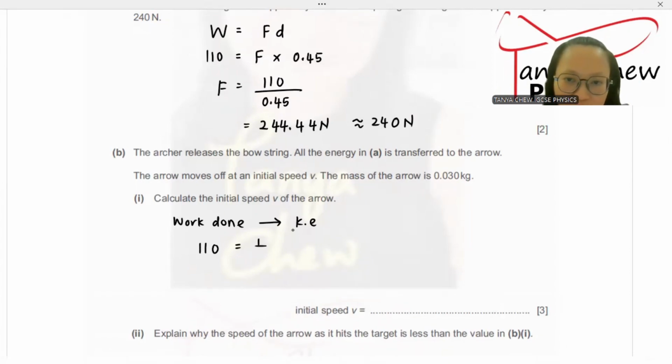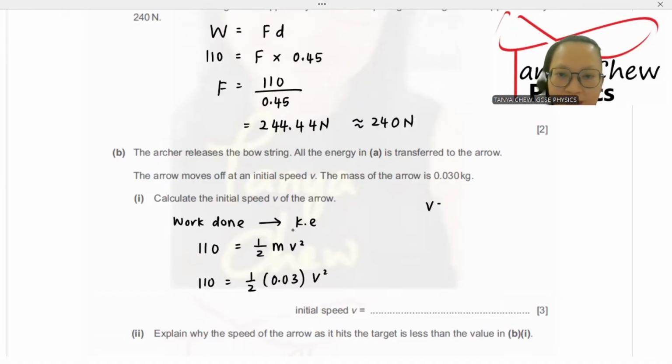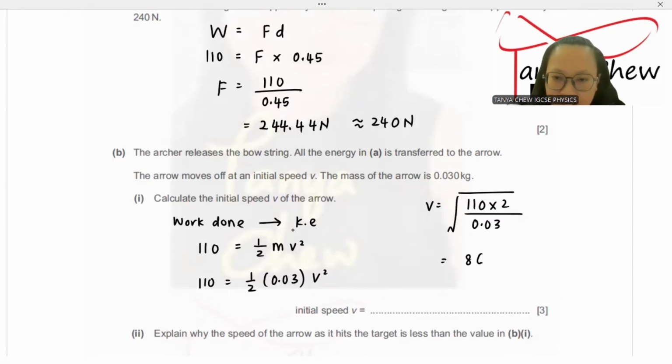The kinetic energy of the arrow is half the mass of the arrow times the speed of the arrow squared. So 110 is equal to 1 half times 0.03 times v squared. Now you make speed the subject, which is the square root of 110 times 2 divided by 0.03. The speed of the arrow is 86 meter per second.